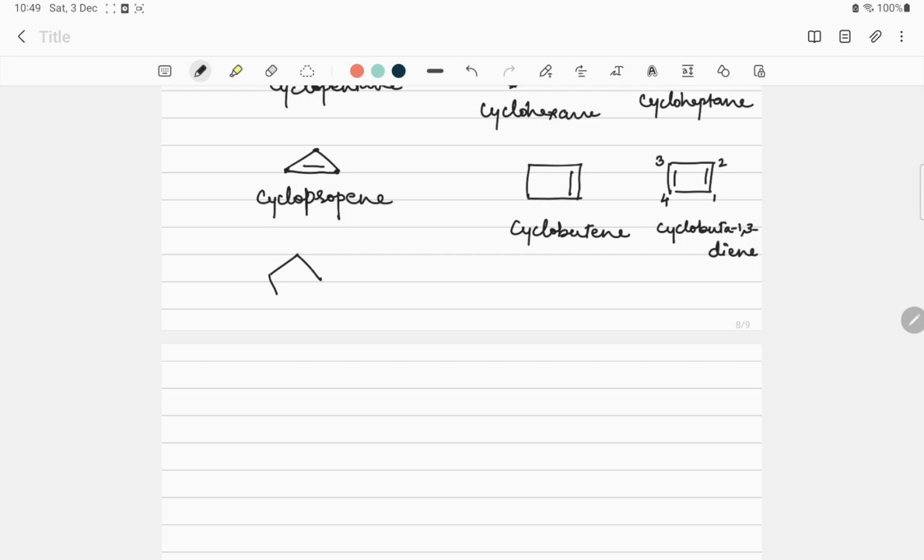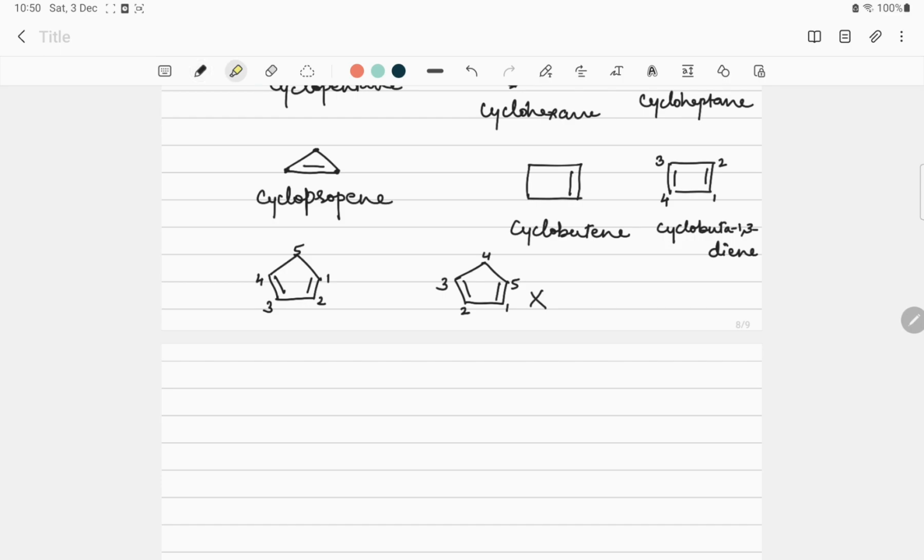Say for example, the compound is like this. Here is a double bond, here is another double bond. How to number it? It is 1, 2, 3, 4, 5. Can we number the carbon atoms in the compound like this? Say for example, 1, 2, 3, 4, 5. Is it the right way to do it? No, it is wrong.